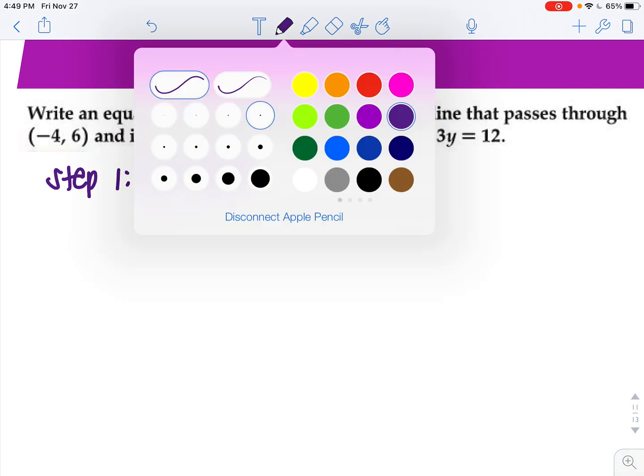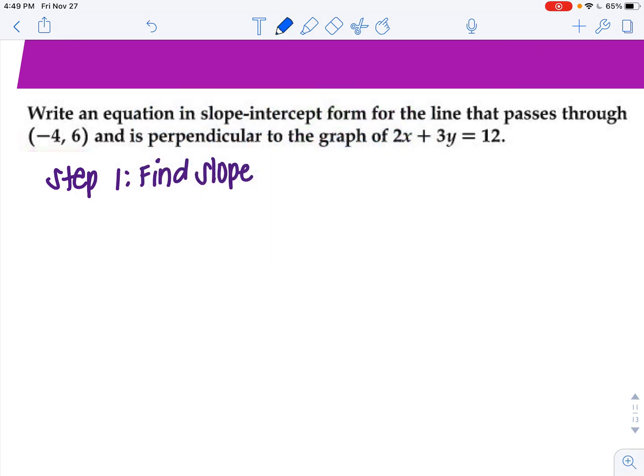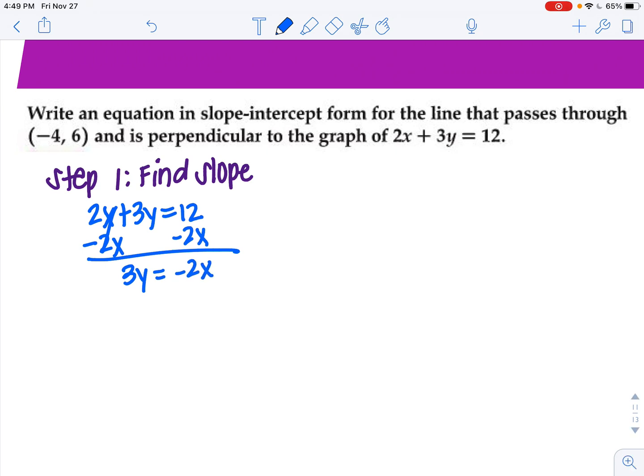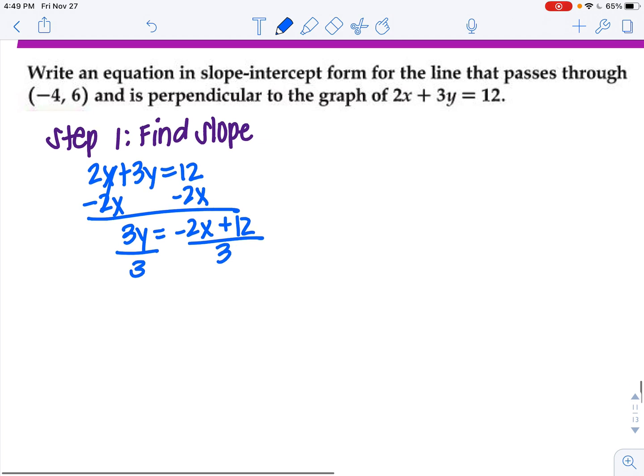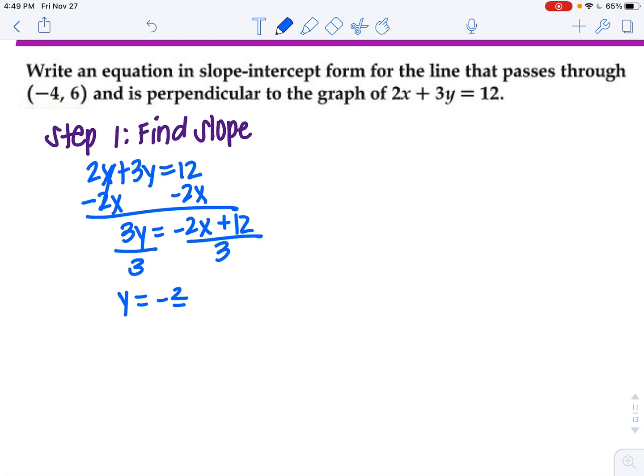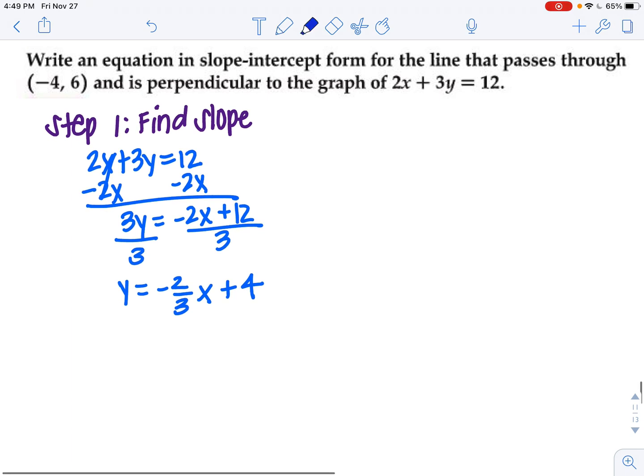Now you are in standard form, so you want to get into slope-intercept form. So you have 2x plus 3y equals 12. Subtract your 2x. 3y equals negative 2x plus 12. Divide by 3, and you get y equals negative 2/3 x plus 4.